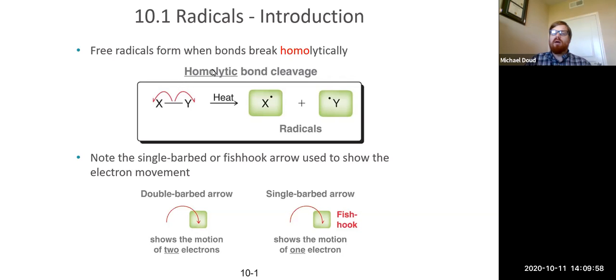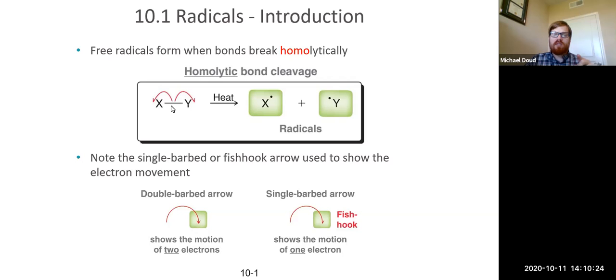Now, when a bond cleaves homolytically, one electron from the sigma bond, which contains two electrons, goes with each atom. When we want to represent that, rather than showing a pair of electrons moving, we're going to use what's called a half arrow or a fishhook arrow, which looks like this.